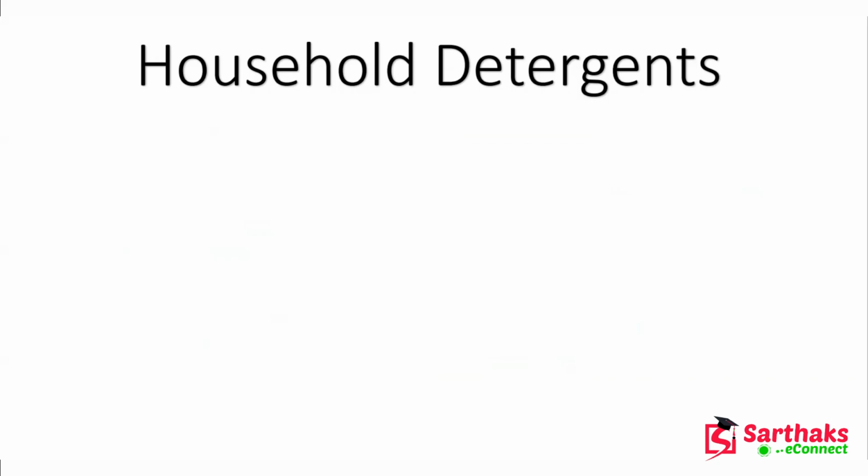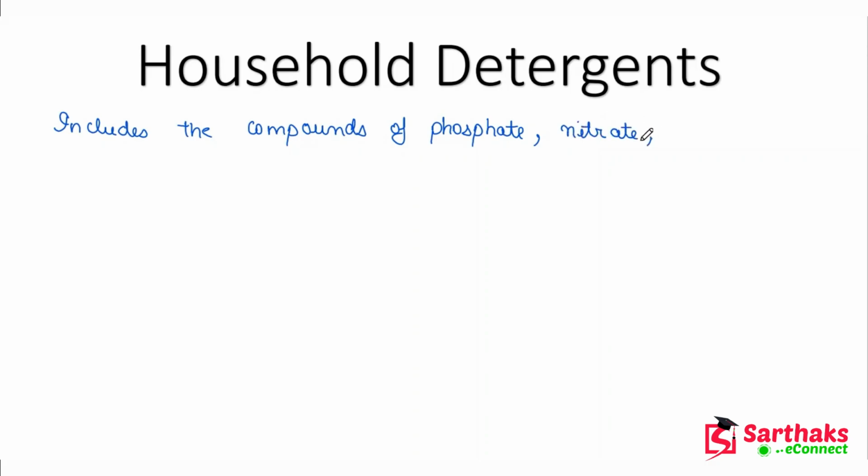Household detergents include the compounds of phosphate, nitrate, ammonium, and alkyl benzene sulfonate.